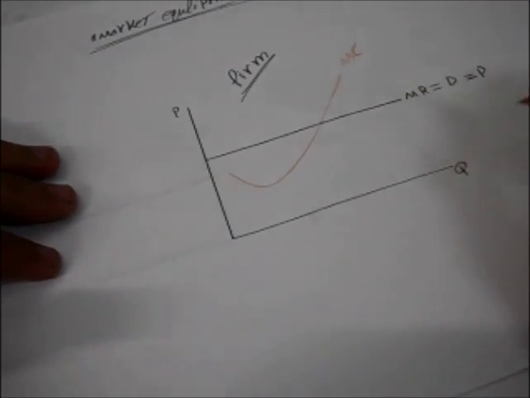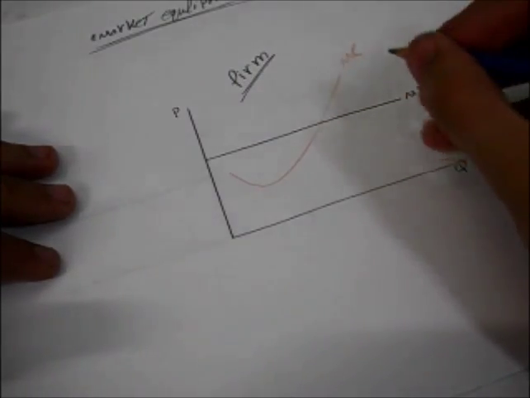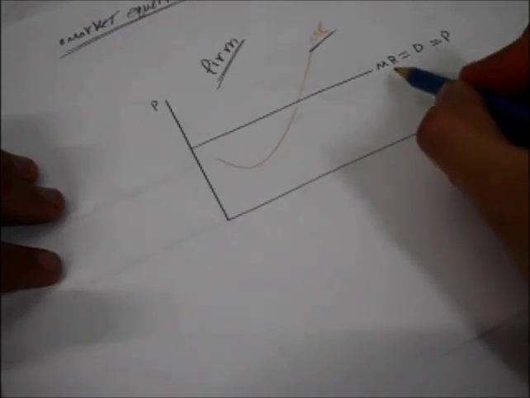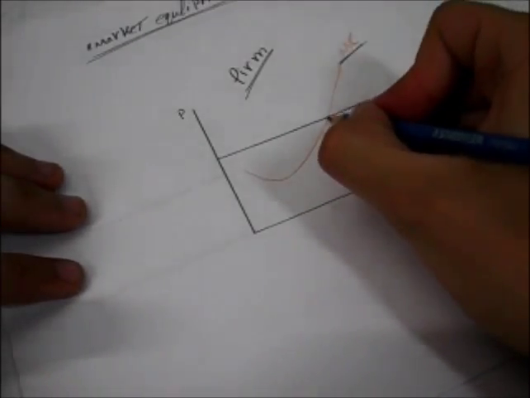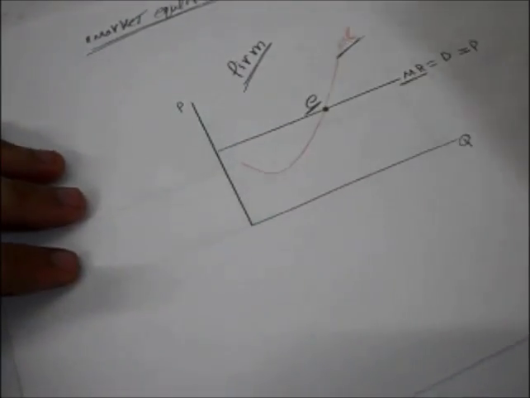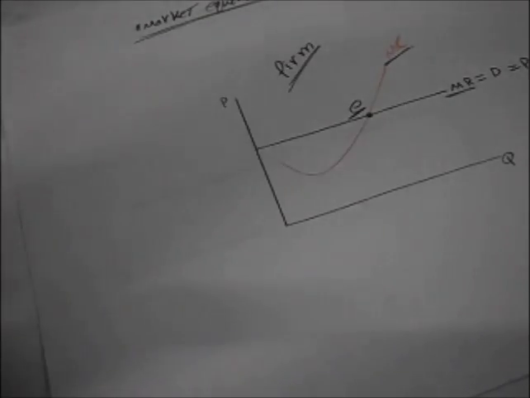Basically, if we want to figure out the maximization of profit, we will be looking at the intersection between the marginal cost and the marginal revenues at this point. So this is the market equilibrium, and we have to understand what is the meaning of market equilibrium. Well, the market equilibrium for the perfect competition, or for any market, is the point of maximization of the profit for the firm.